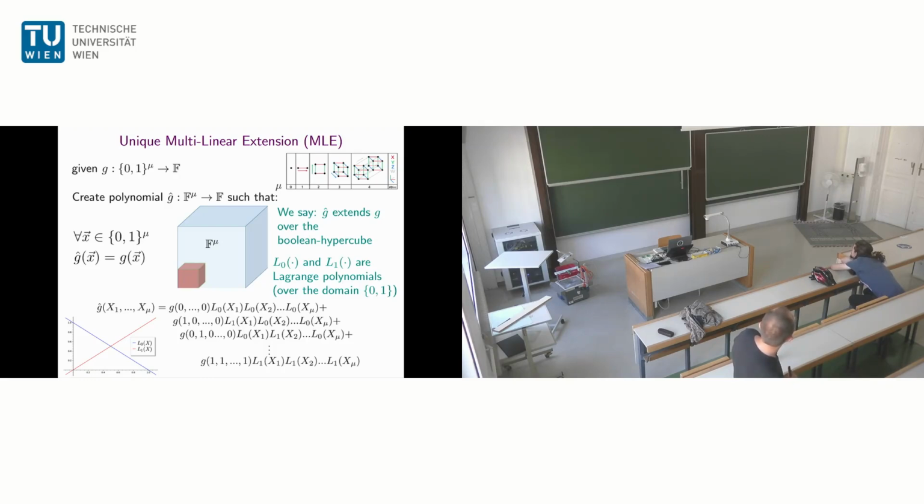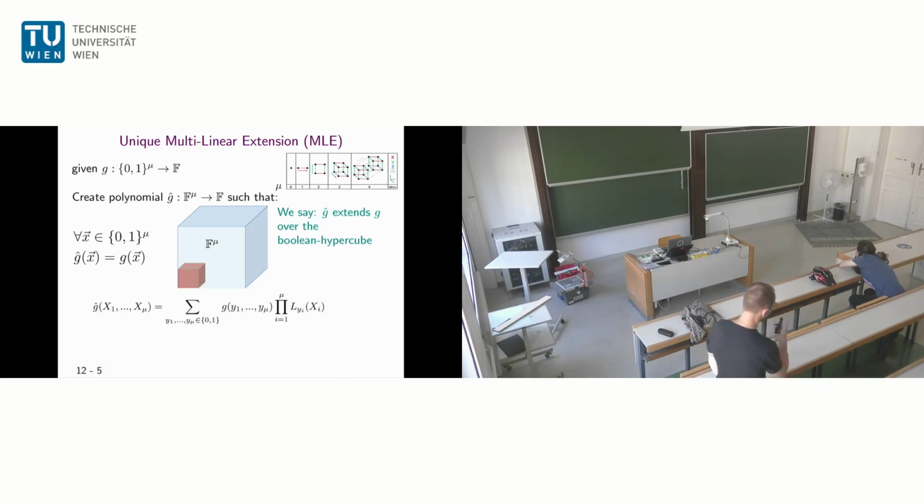Okay. So this means if we evaluate this polynomial at 1, 0, 0, then this polynomial L1 evaluated at 1 will be 1. All others, L0 will be 0. And then only this term will remain. Okay? So it's actually quite straightforward.